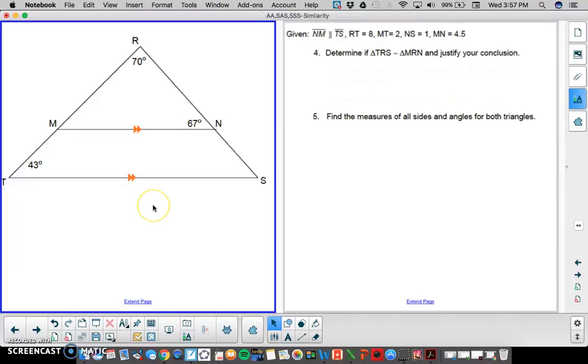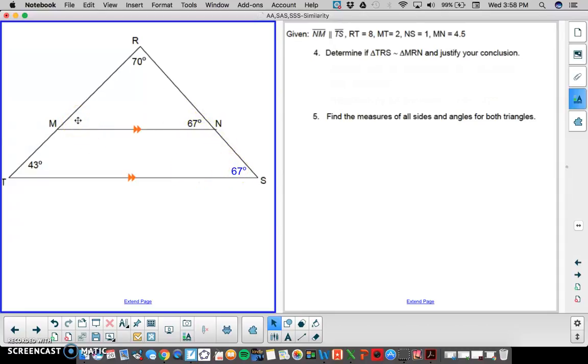If we know we have parallel lines, we know we have parallel lines and transversals properties. So if those are parallel, then RS is a transversal for those parallel lines. Therefore, we know those corresponding angles are congruent, so that's 67.